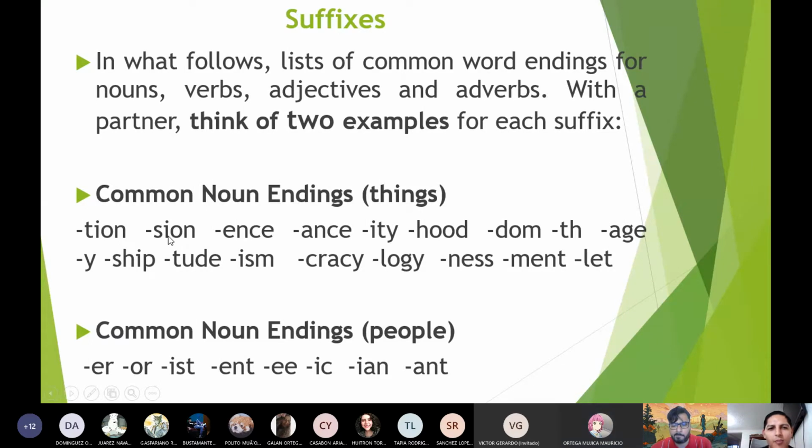Anybody? No? What about conclusion? Does it work? Conclusion is a noun. Tension, yeah, could be. Think?